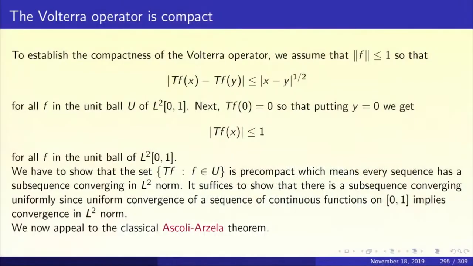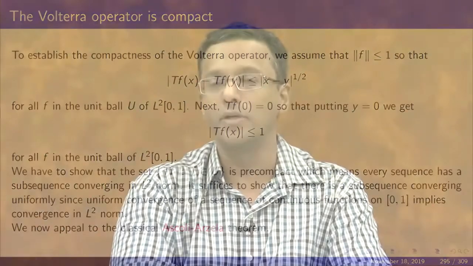Now, what have we proved? We have proved that mod Tf(x) minus Tf(y) is less than or equal to mod x minus y to the power half. This is true for all the functions in our family. So, given any epsilon greater than 0, the same delta will obviously work. In fact, all of them are Holder continuous with the same Holder exponent.